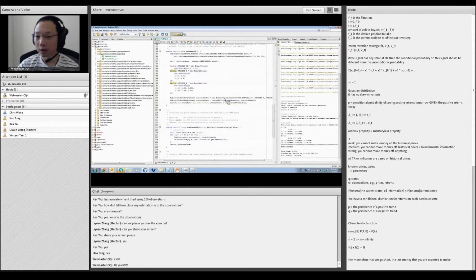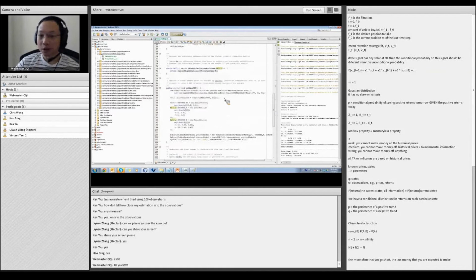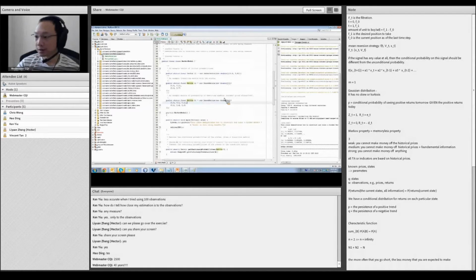If we use parametrized families of distributions, we can reduce the number of parameters significantly. For example, instead of using 3 variables to describe a conditional distribution, we could have used a normal distribution, which only takes 2 parameters, the mean and the variance. So if we have 2 normal distributions here, we only have 4 parameters, 2 means and 2 variances. So we reduce the parameters by 2.